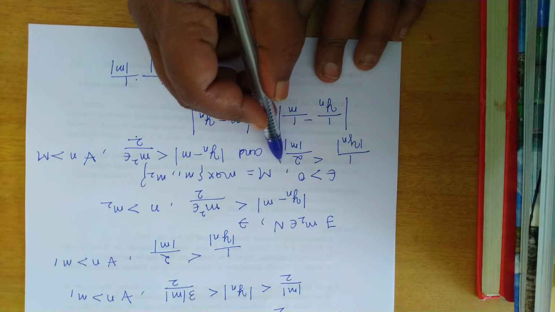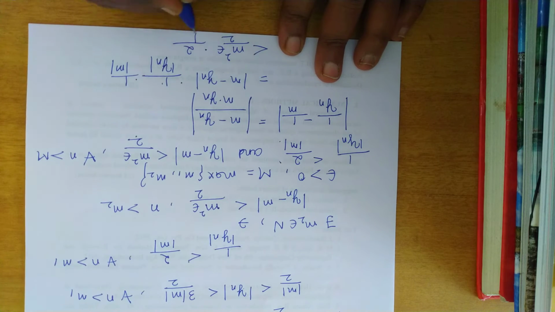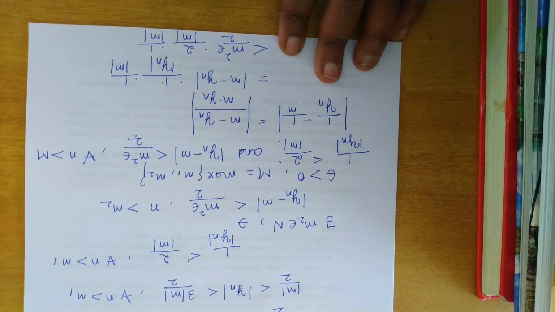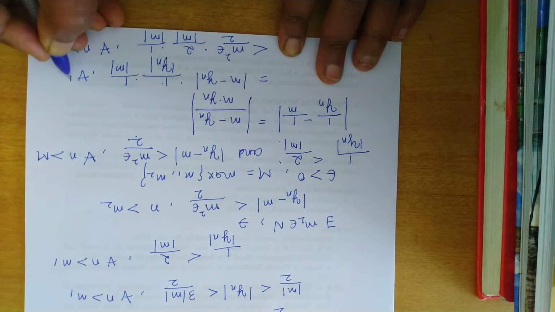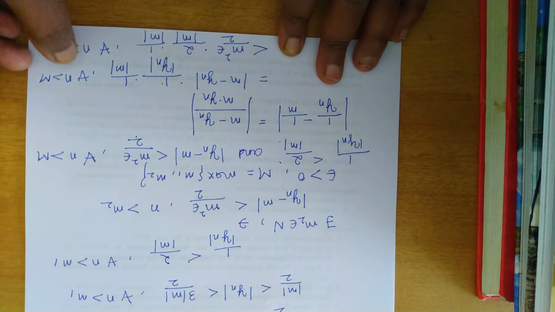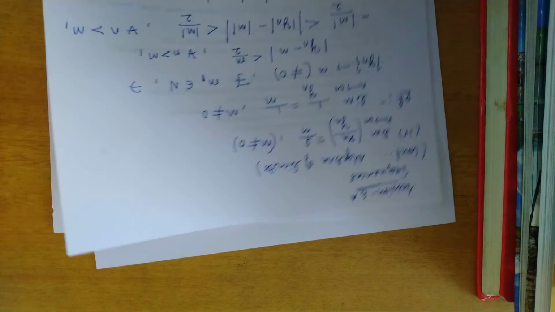That is 2 by modulus of m, into 1 by modulus of m. This is for all n greater than M.